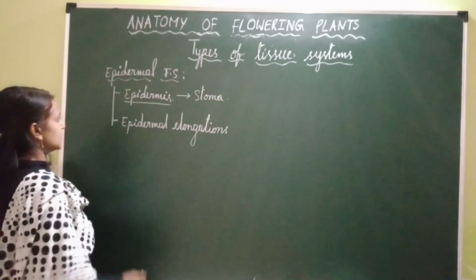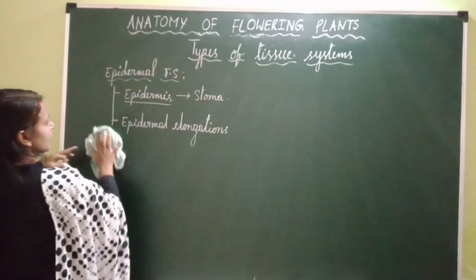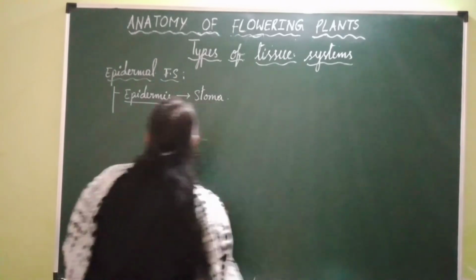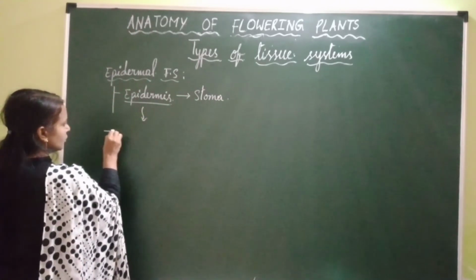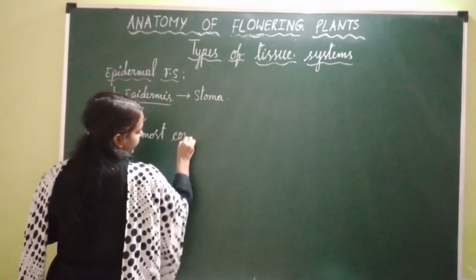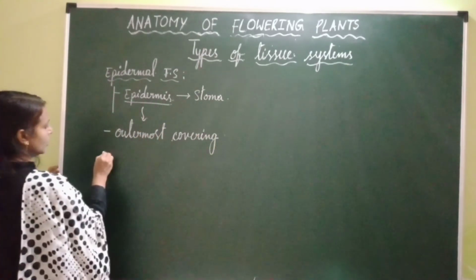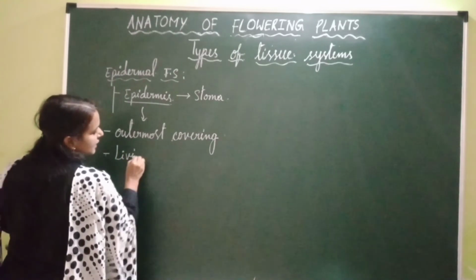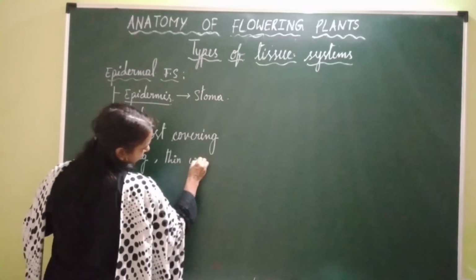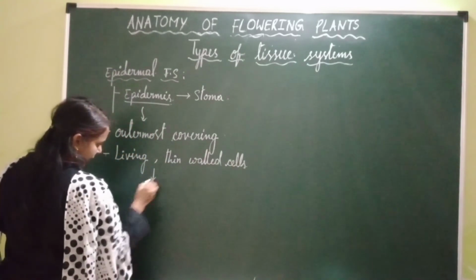So this epidermis forms the outermost covering of all plant organs, and it is made of living cells, living thin walled cells which are parenchymatous.